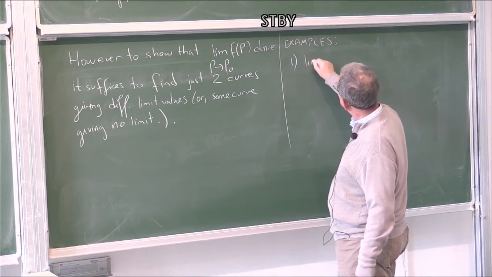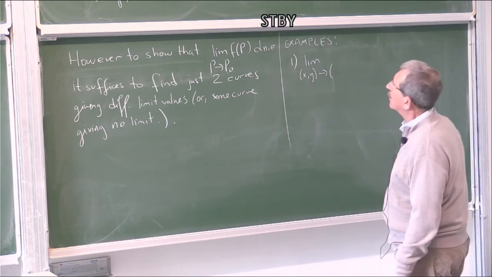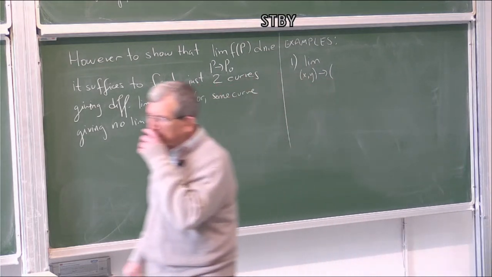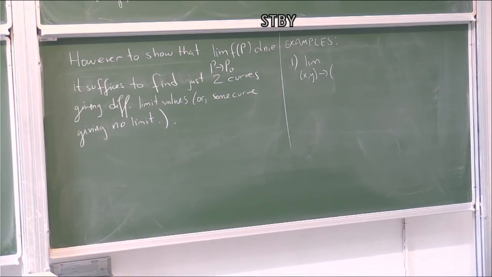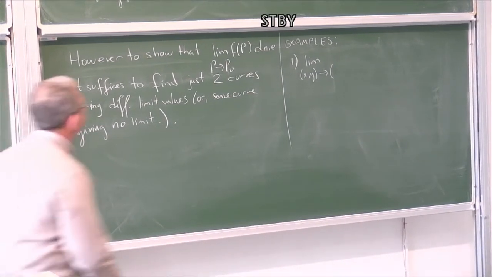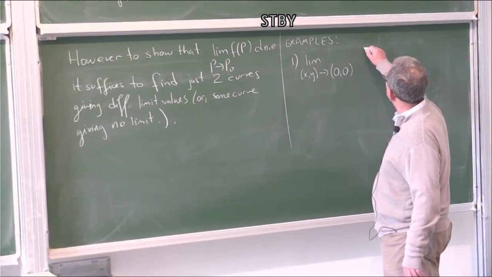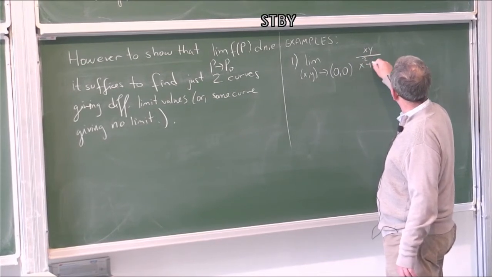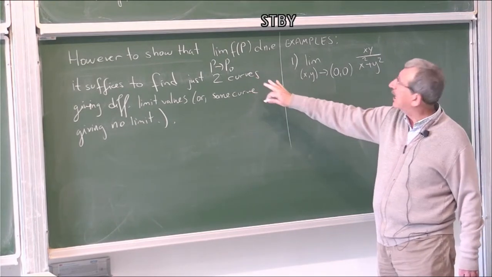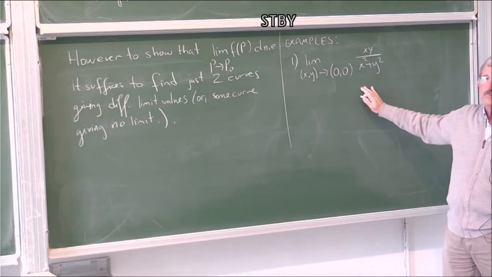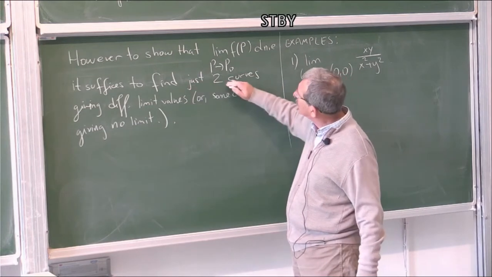Let us consider a limit, say (x,y) going to (0,0) of xy over x squared plus y squared. Now, the suggestion is that, of course, this limit does not exist. So we want to show it. For this end, we try some curves.